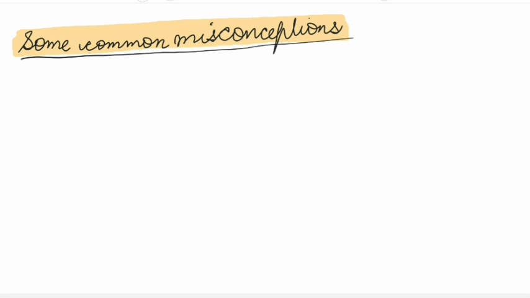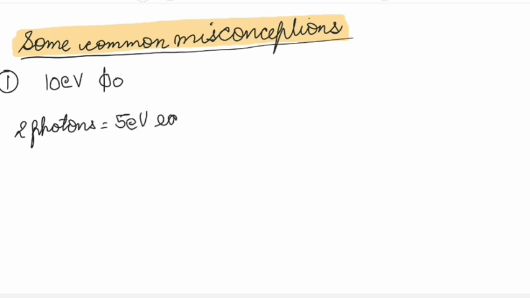The first common misconception that we generally make is this: if an electron requires 10 electron volt as its work function, we might think that if we provide two photons of 5 electron volt each to this surface, then we are able to eject the electron, but that is not possible.